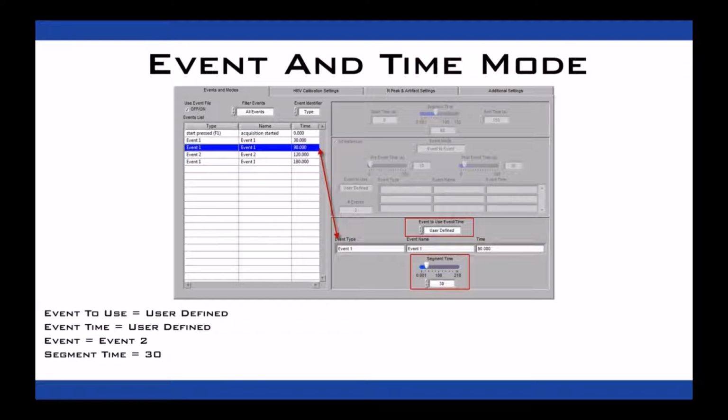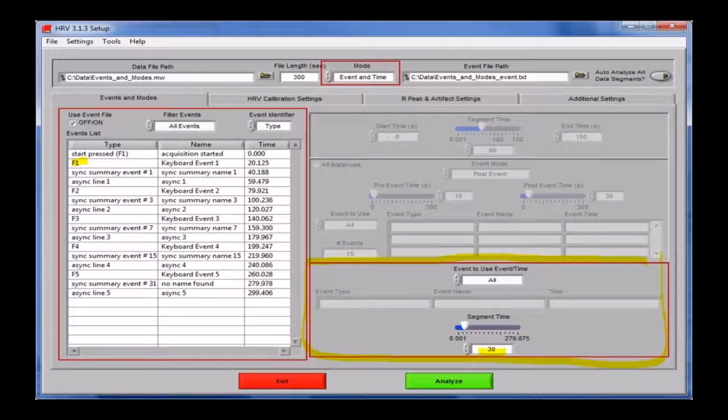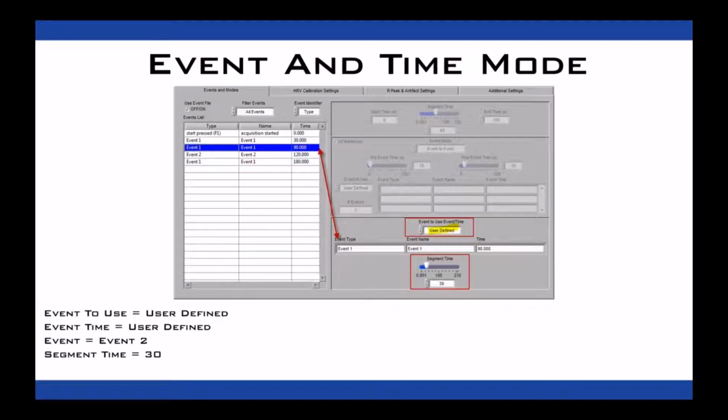This again is another way to do this. This is a specific event we've chosen outside of the settings, so here we go. We've now chosen this to be user defined. In this example it's been all, so you simply click on that and drop it down. We've left our segment time at 30 seconds, and we're choosing the second occurrence of event 1, not the first one, and this occurs at 90 seconds, and you can see that's filled in here.